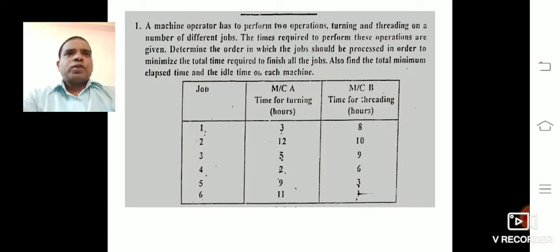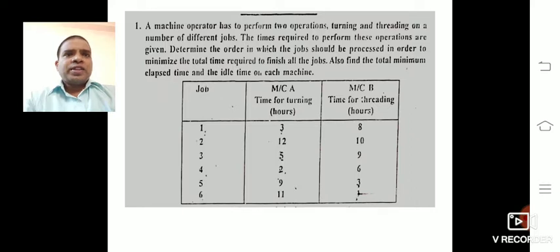Also find the total minimum elapsed time and also the idle time on each machine. In this problem we need to find the best optimum order for the jobs, second the minimum total elapsed time, and third the idle time for each machine.